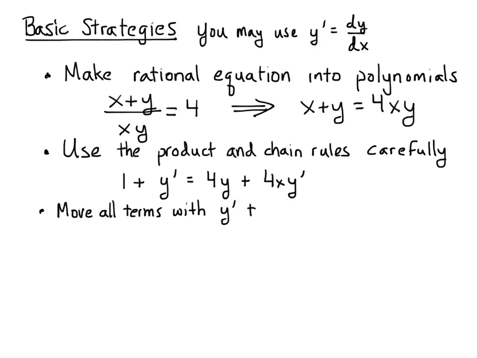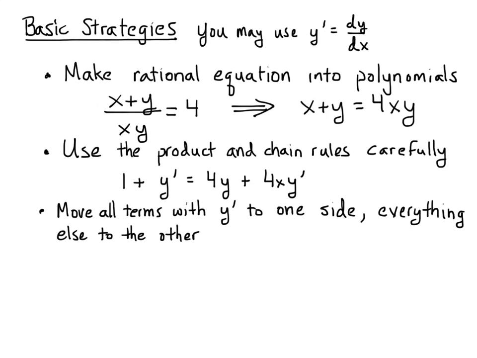And then I want to move all the terms with y prime to one side, everything else to the other. So I'm going to move that 4xy prime to the left, and I'm going to move over that 1 to the right. And so I get this.